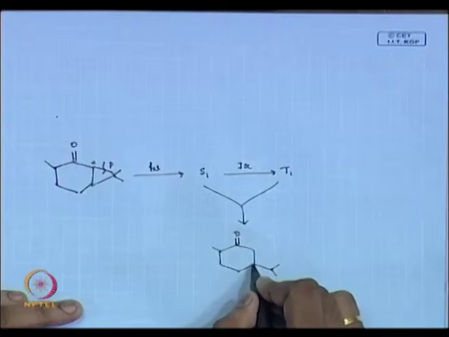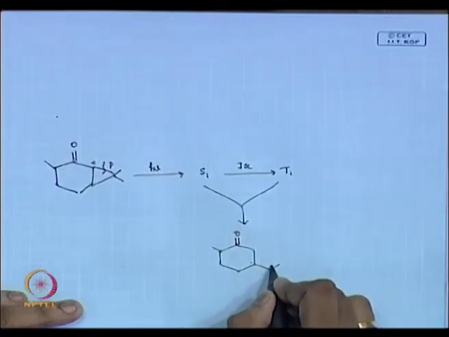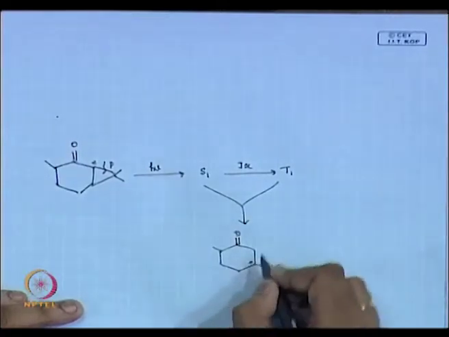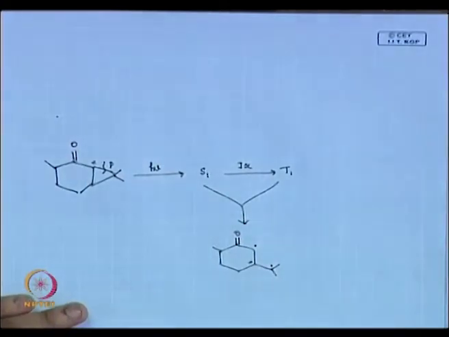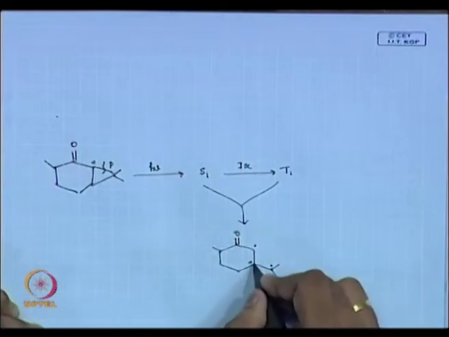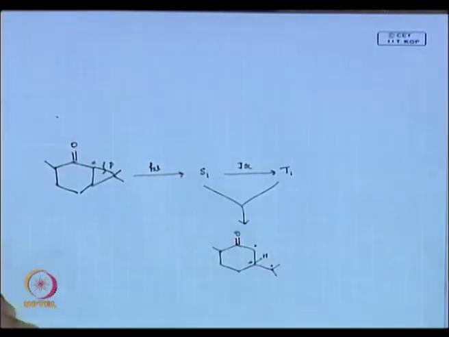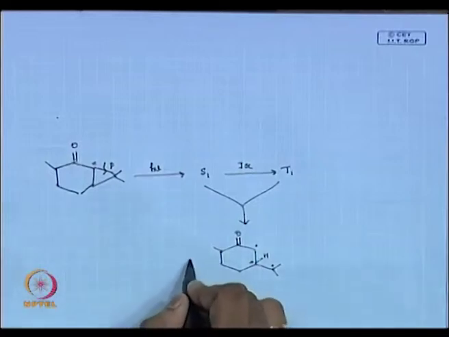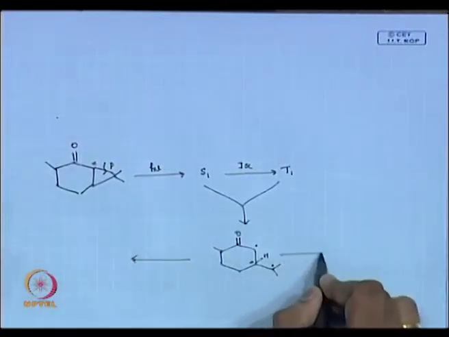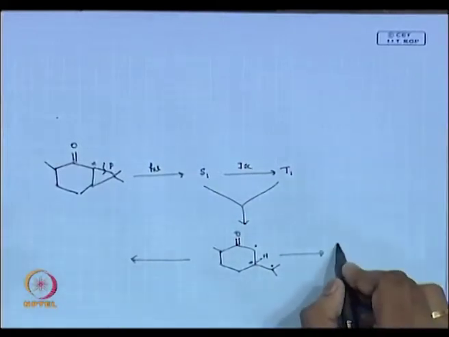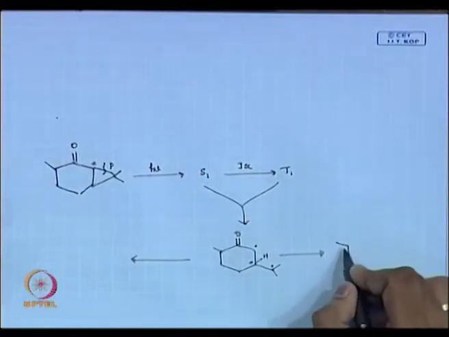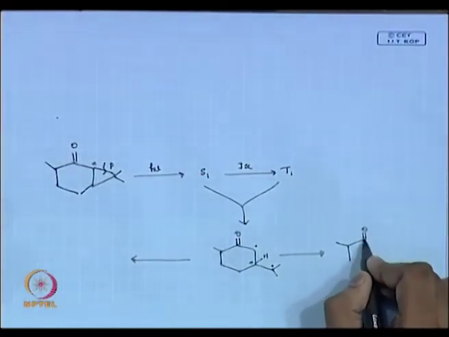I can get a radical here, I can get a radical here. Yes, then I have a hydrogen here. So, you can write two products. Initially you try to write all the products, then understand which will be the good one.